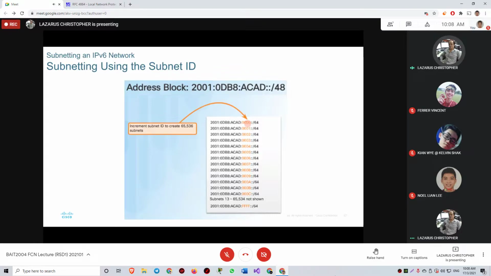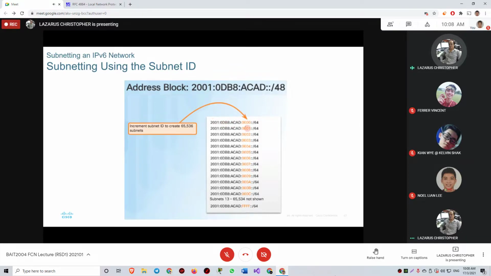Because you have 16 bits, you can create about 65,000 subnets for yourself. This prefix plus this subnet ID provides the differentiation, meaning it's a network address.